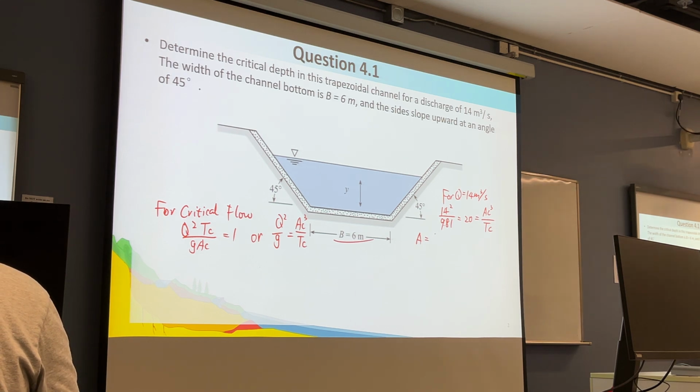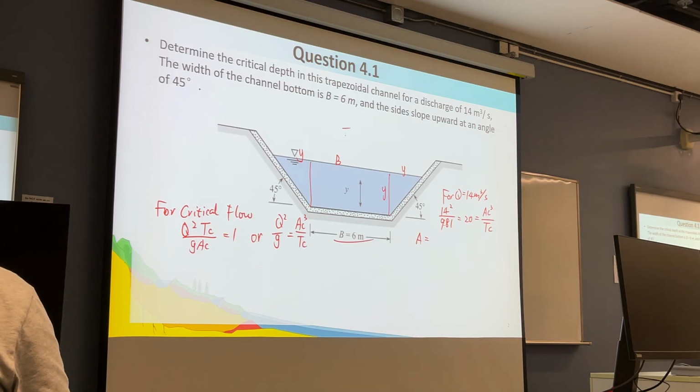Now you see that because the side slope is 45 degrees, so if the water depth is here, and this part is also the water depth, right? This is B, so that the upper TC is equal to B plus 2y, all right? So the area is calculated by the B plus B plus 2y, times the height y, and divided by 2.